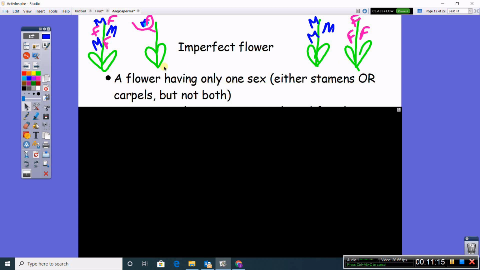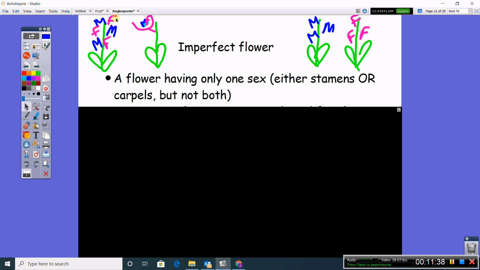So there's two options of the kind of plants that could have that. This plant has a male flower and a female flower. Female flower, male flower, male flower, female flower. Okay? They basically have male and female flowers on the same plant. So the flower itself only has one sex in it.